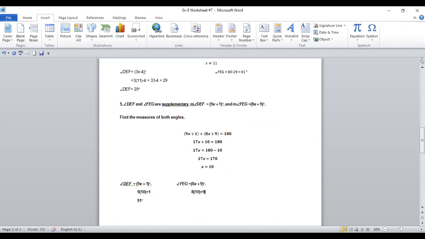So 8 tens are 80, right? 80 plus 9 is going to give you 89. So angle FEG is going to be 89 degrees. Or, you can subtract 91 from 180. Once you get this answer, that's going to give you 89 as well. So angle FEG is going to be 89.